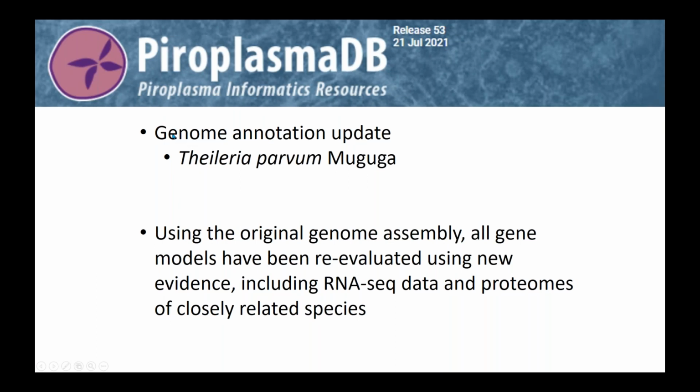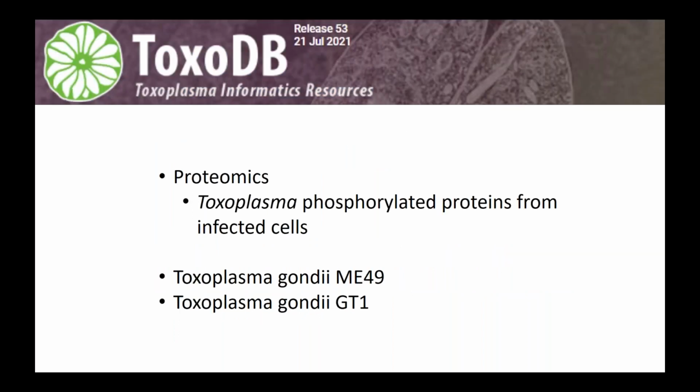PiroplasmaDB: there was an important genome annotation update for Theileria parva Muguga. They used the original genome assembly, but then reevaluated almost every gene model with new proteomics and RNA-seq data. So that's greatly improved annotation there. ToxoDB received 1 proteomics data set about phosphorylated proteins from infected cells.